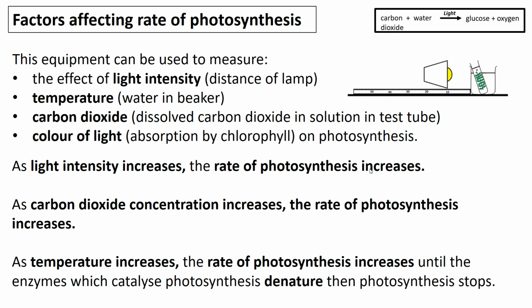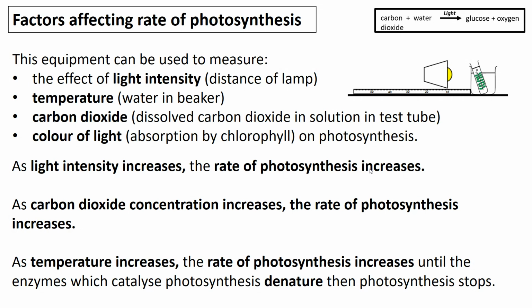Or you could change the colour of light and see how that affects the rate of photosynthesis. So obviously, does that affect the absorption by chlorophyll and therefore the rate of photosynthesis? So all of that simple equipment and that experiment can be used to measure any of those independent variables. Whatever you change, everything else needs to stay the same and becomes the control variable.